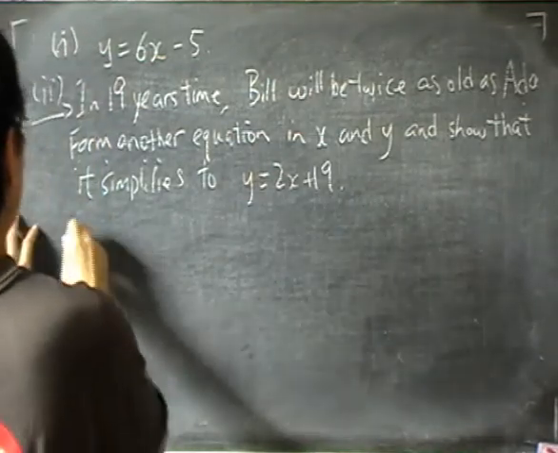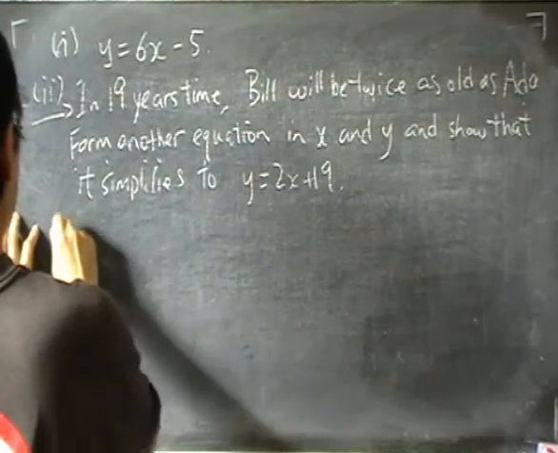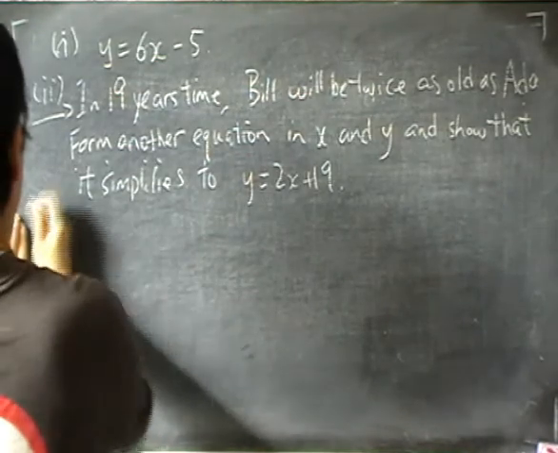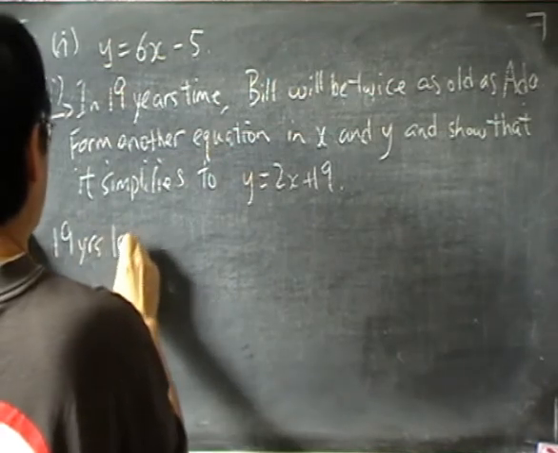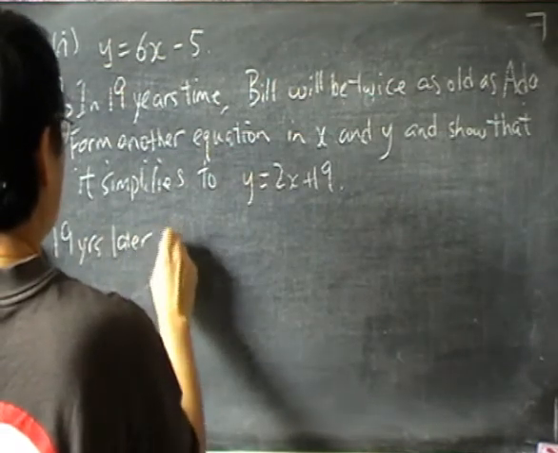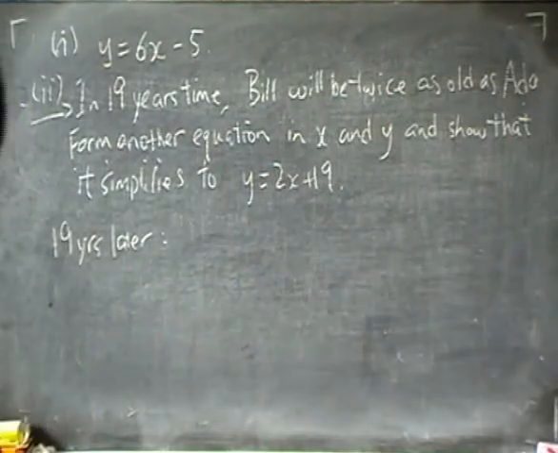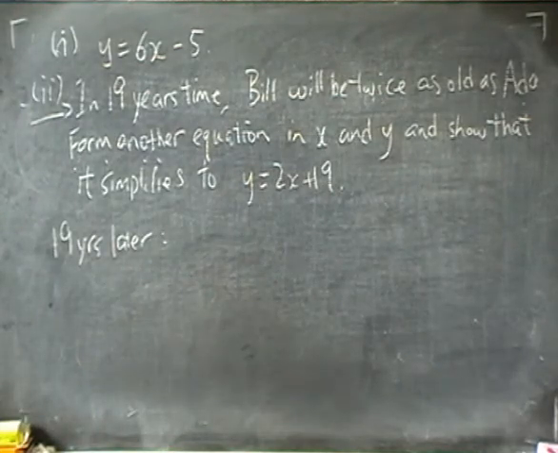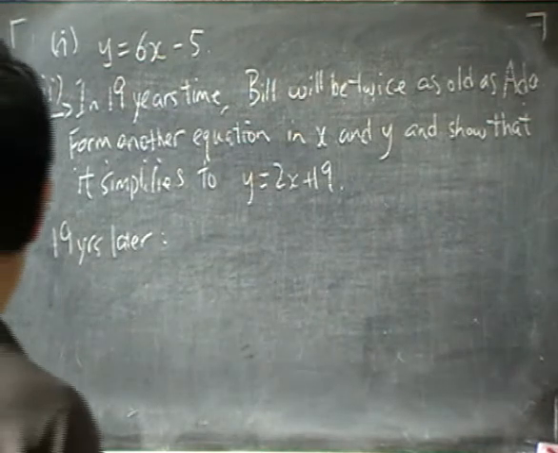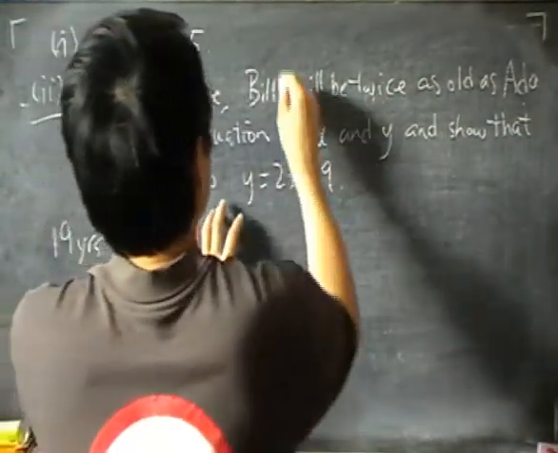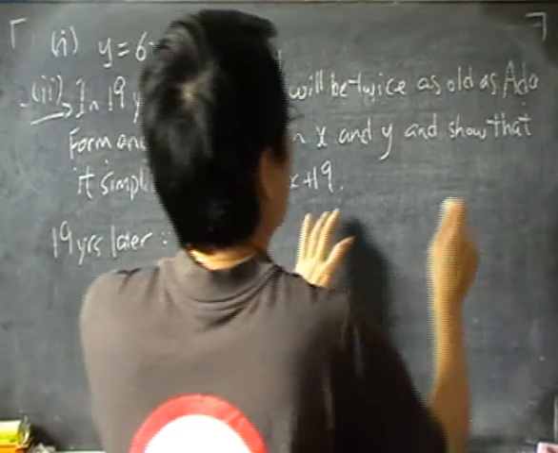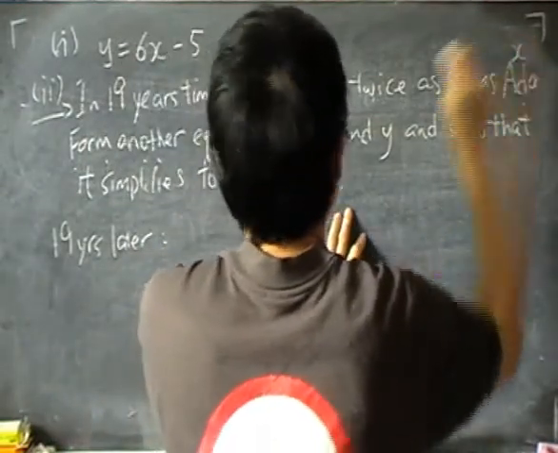In 19 years' time, so after 19 years later, we should remember that Bill is y years old right now, Ada is x years old right now.